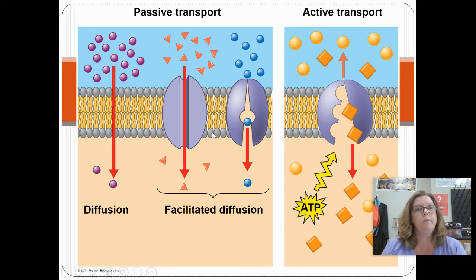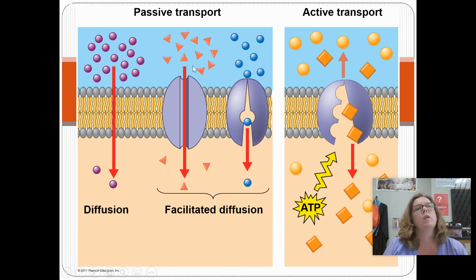All right, so here is what the difference between these two types of transport looks like. Okay, notice these three are passive. So there's diffusion. If these little purple molecules were water, we would call that osmosis. But again, here, no proteins involved. You're just moving past shifting phospholipids. As they shift, water, gas just sneaks through.